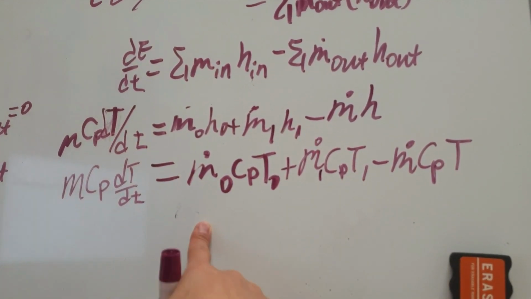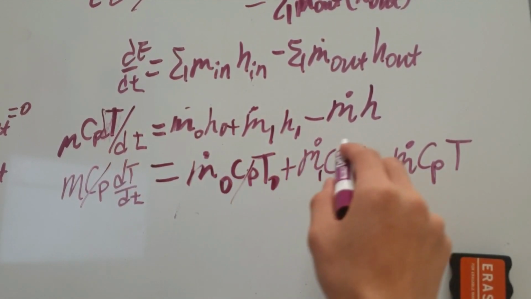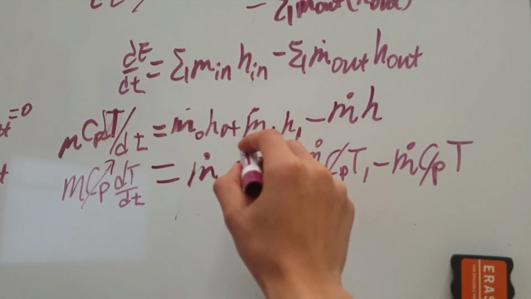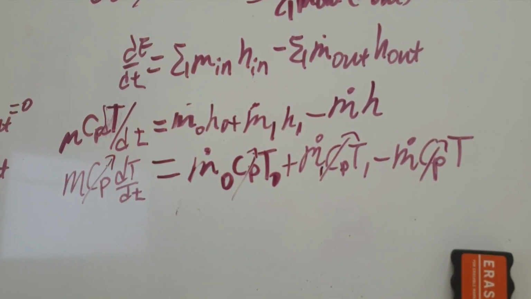Now we can divide by cp on the left and right, and then divide by m.